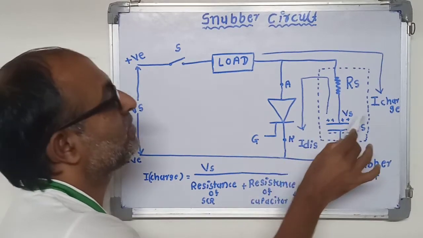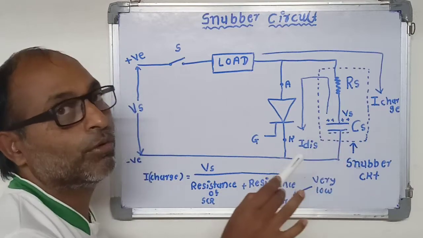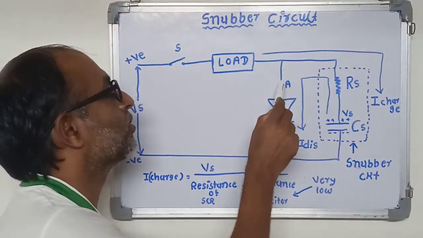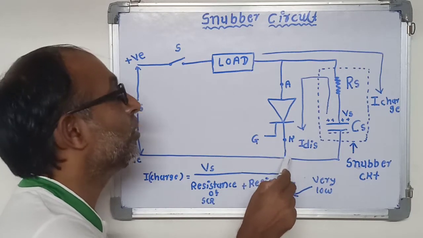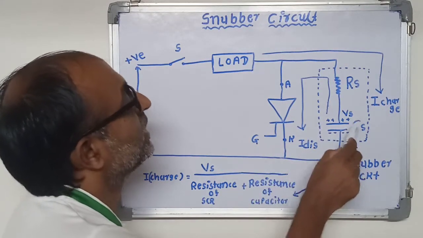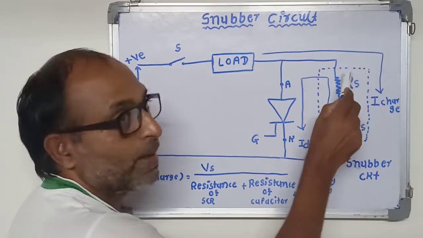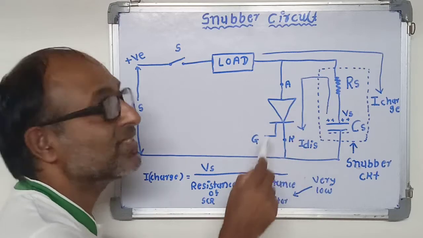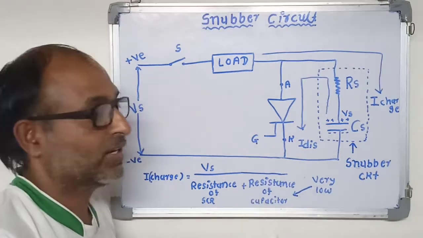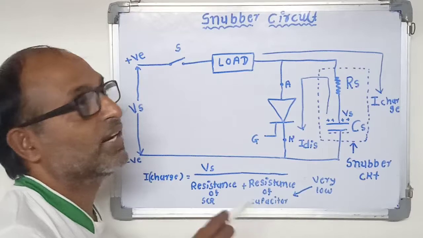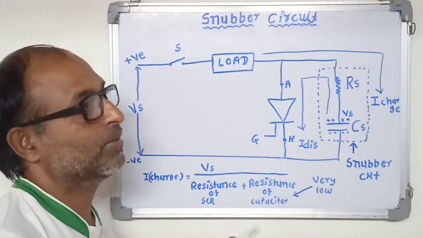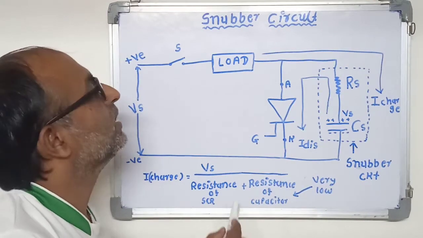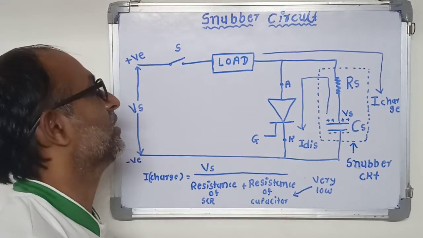At that time, capacitor Cs behaves as a short circuit. Therefore, the voltage across the SCR is 0 and capacitor Cs is charged through Rs. So the voltage across the SCR increases at a slow rate, which is less than the maximum dV/dt limit specified by the manufacturer.